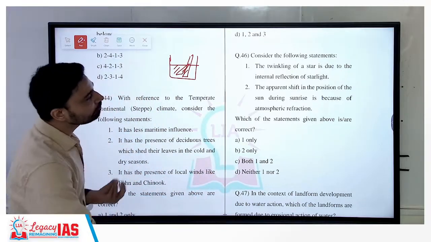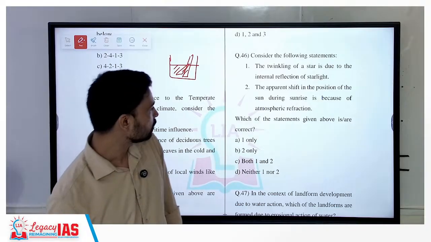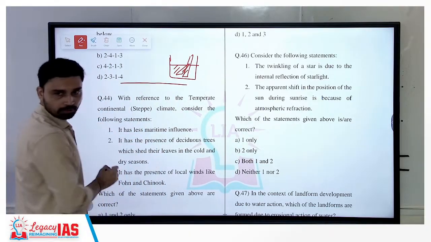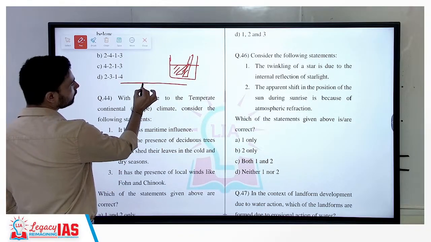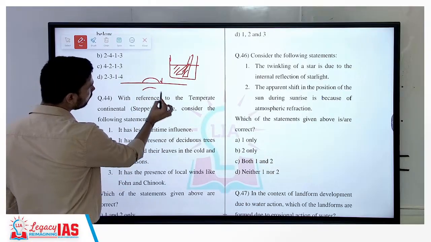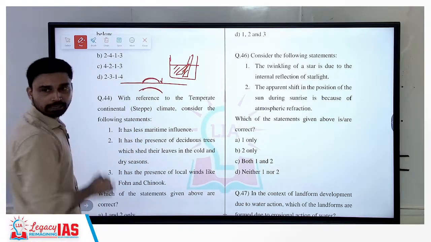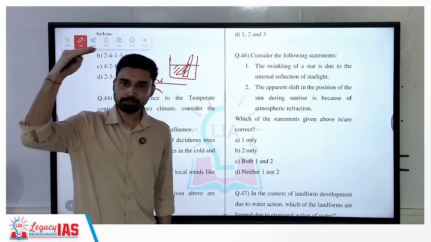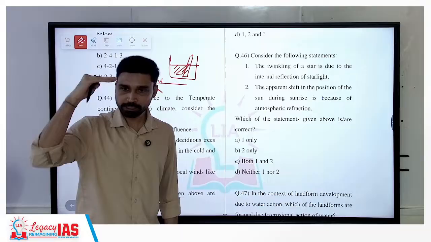The apparent shift in the position of the sun during sunrise is because of atmospheric refraction. This is also correct. Suppose this is the horizon and you are in the coastal areas, and you see the sun going down. The sun has gone down, but you are still able to see it here. Why? Because it is still sending light. Light comes and then refracts, again because of the change in density.